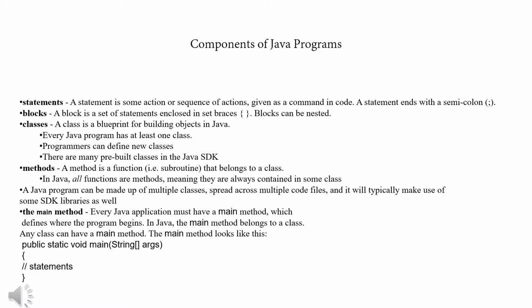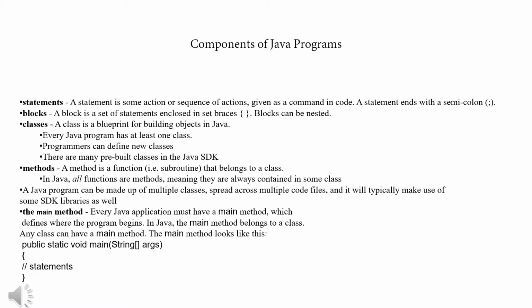Also, you should know that, as I told you in the previous session, in the SDK we have so many predefined classes and packages that we can use instead of writing them manually.